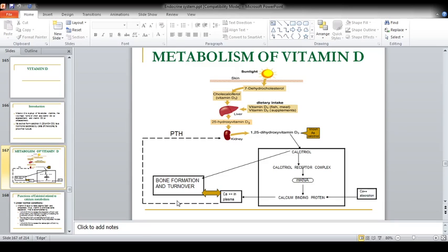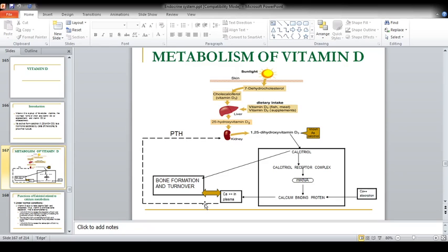The activation of 25 dihydroxy calciferol to 1,25 dihydroxy cholecalciferol occurs under the effect of parathyroid hormone.